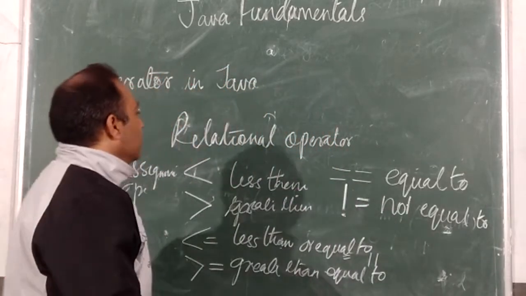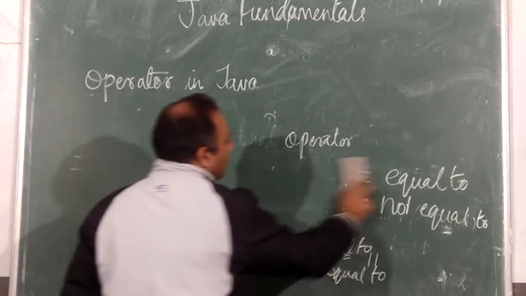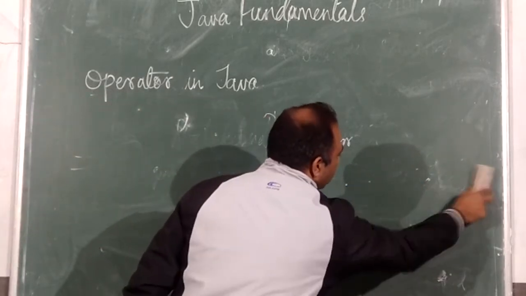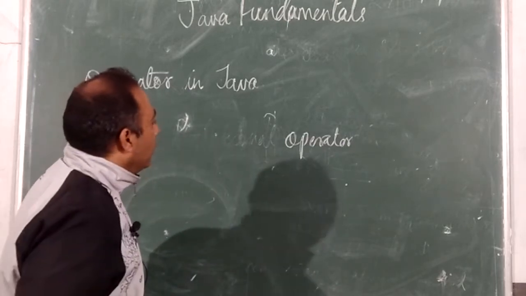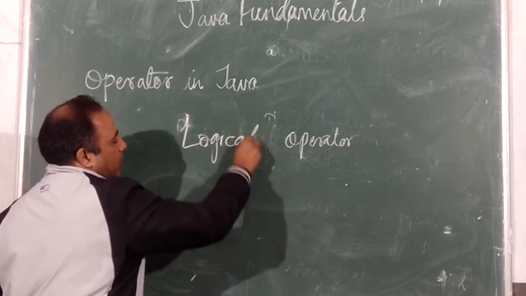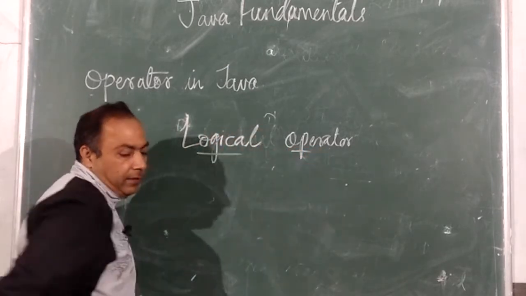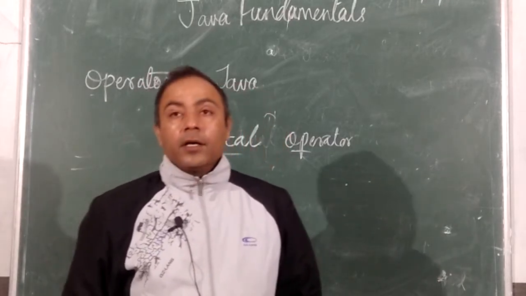Another type of operators is the logical operators. Logical operators in Java help us to join expressions. Relational operators often are used with the logical operators.